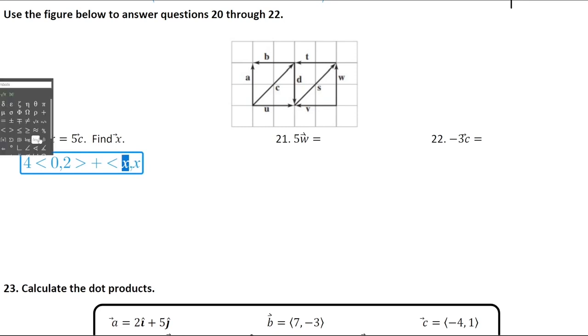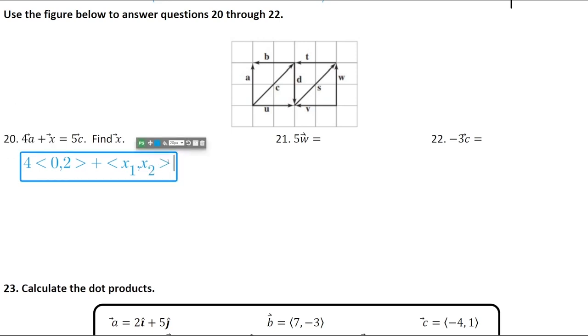This is what we're trying to find. Equals 5 times vector c, which you can see is 2, 2.